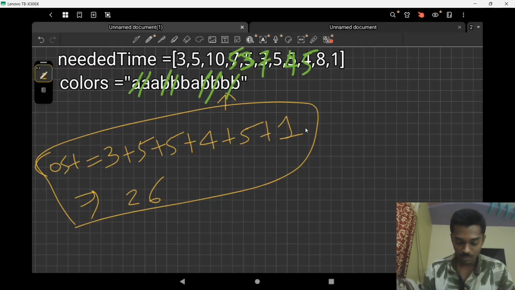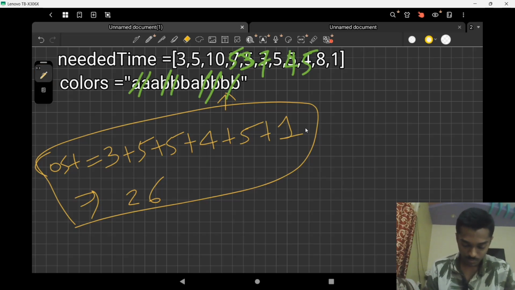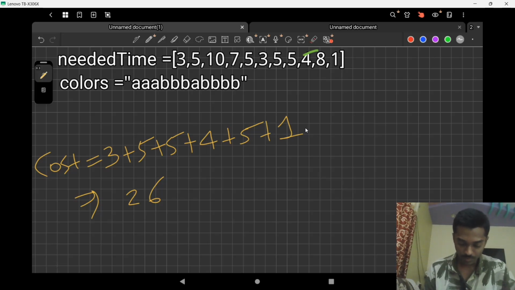Let's take this example over here. When we are on these two b's, 7 and 5, we are removing the smaller of them, we are removing this b. We remove this b because it has the smaller need time, which is 5.